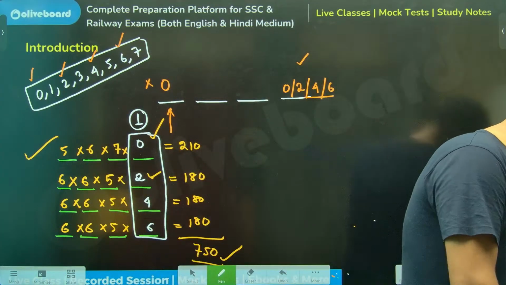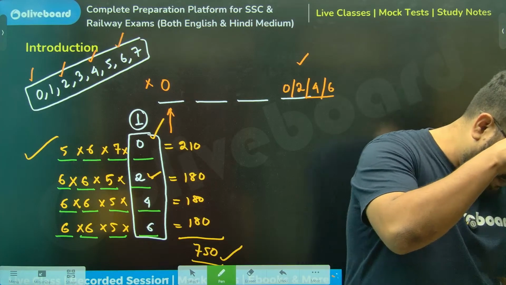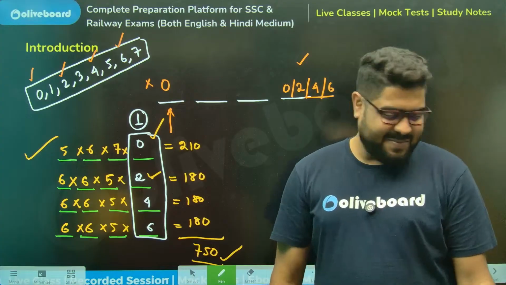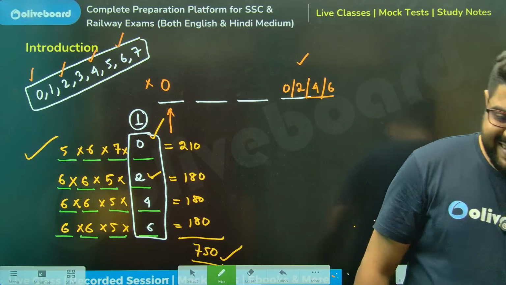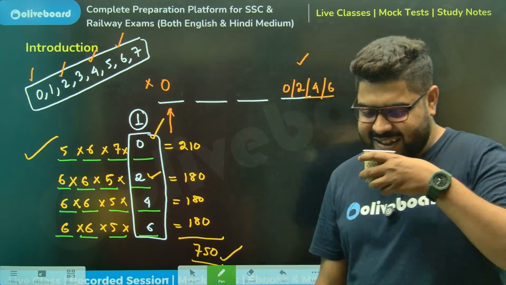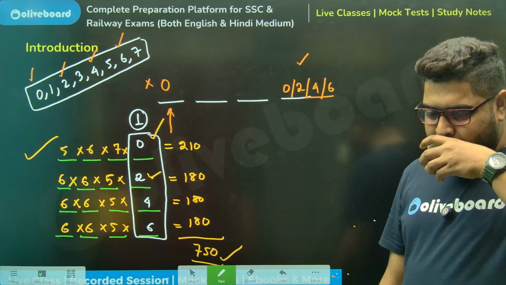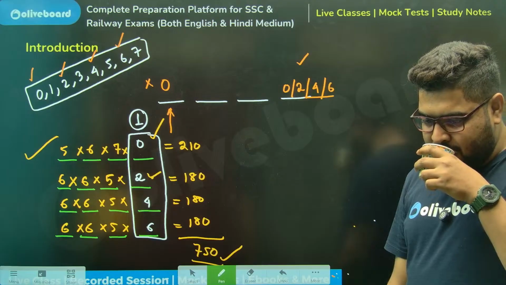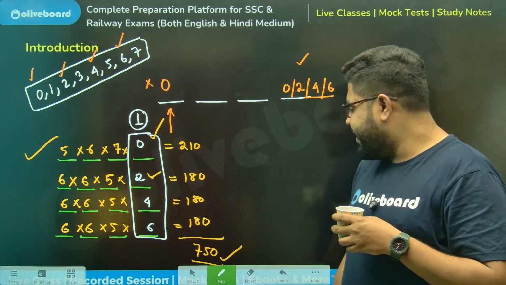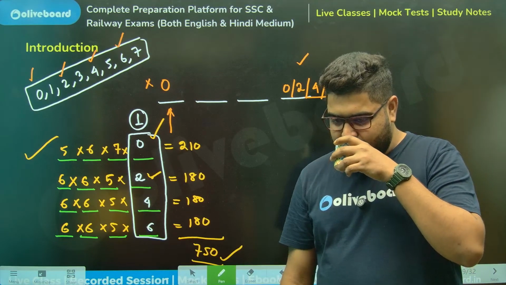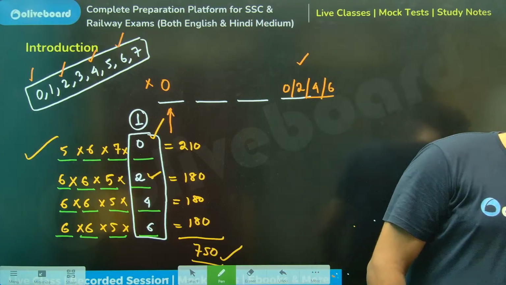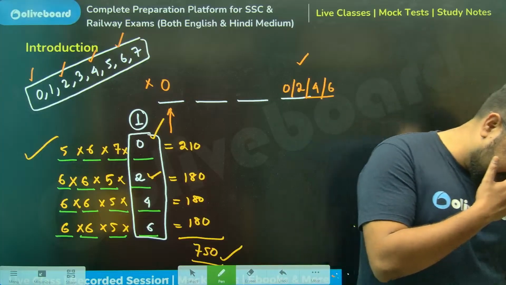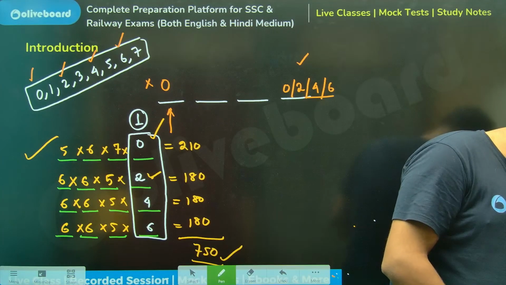750 is the correct answer. Hemant's answer, I have got 750, and nobody else got it, sir. Is this clear, everyone? Was it clear to everybody, sir? Everybody, is this 100% clear? Junaid, Aditya, Prithvi, Navya.